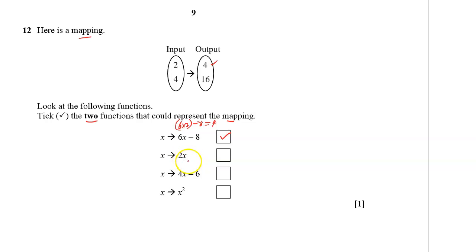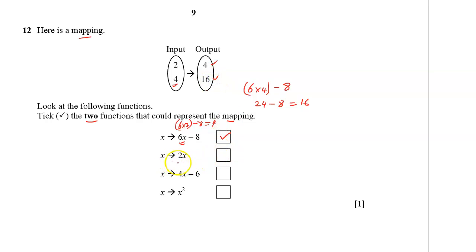Of course, we can also work out this one for 4 to see whether it is going to give us the correct. So 6 times 4 minus 8. We are checking this still for 4. Then this will be 24 minus 8. 24 minus 8 is 16, which is this one, which is correct.